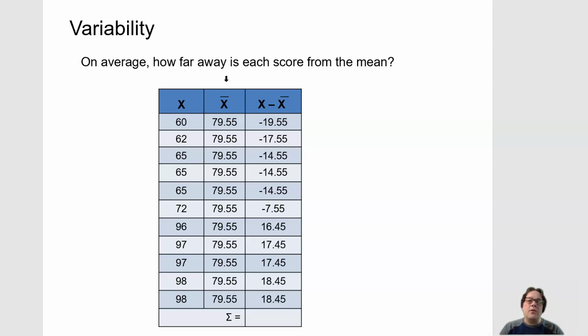Okay, so we took all of our x values, we subtracted out the mean, and we calculated deviation scores. Now, if what we really are interested in knowing is, on average, how far away is each score from the distribution mean, we should be able to just take all of these values right here, add them up, and then divide by the number of scores we got.